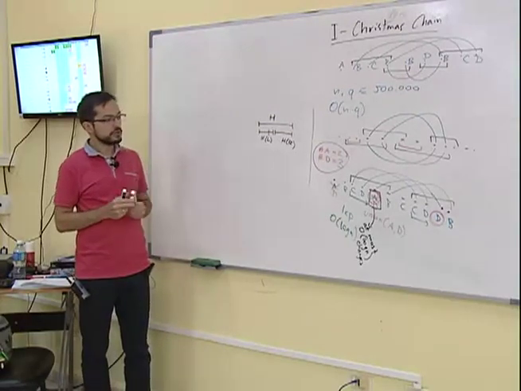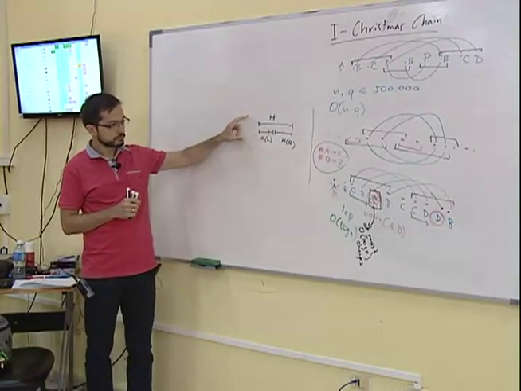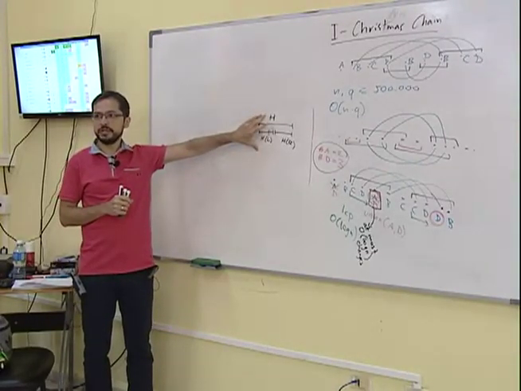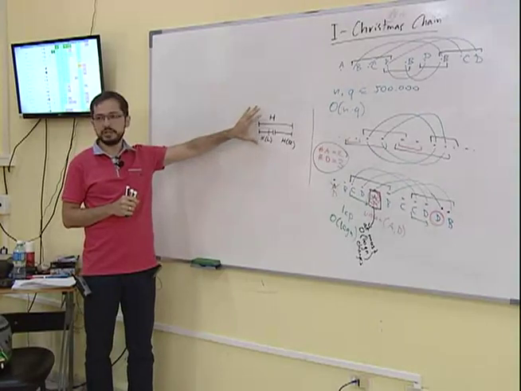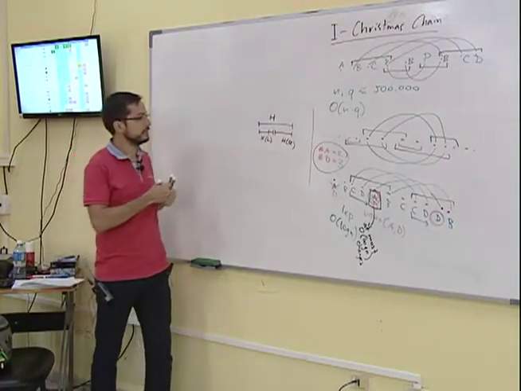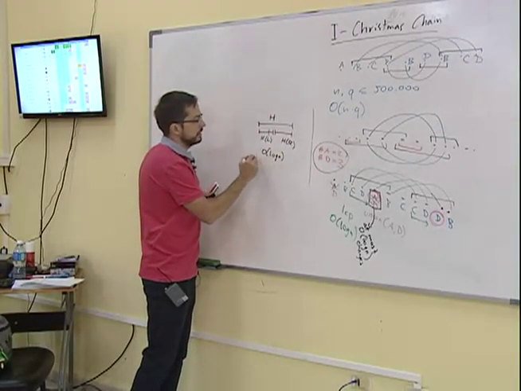Every change requires us to recalculate the hashes in the segment tree. So that means we need logarithmic time for the segment tree, so we have log n time for the segment tree.